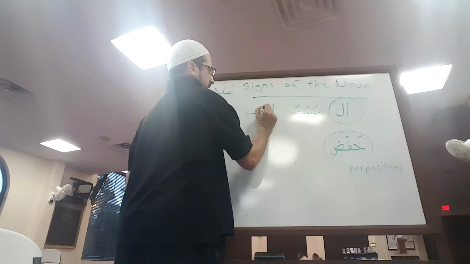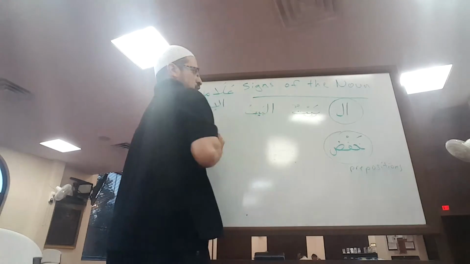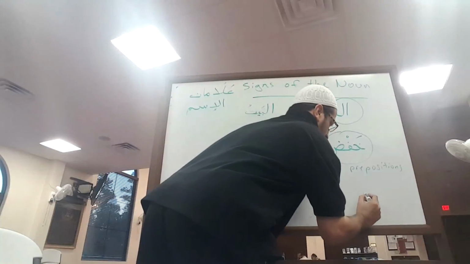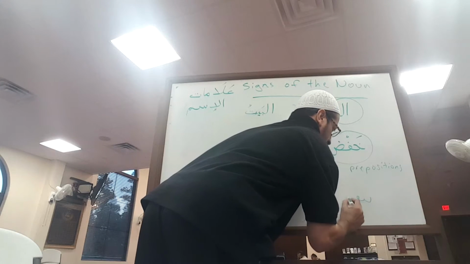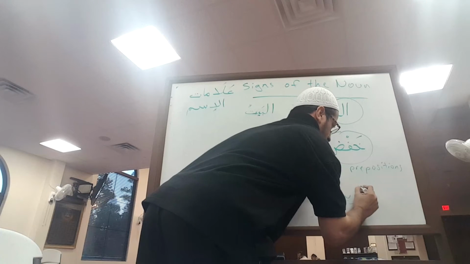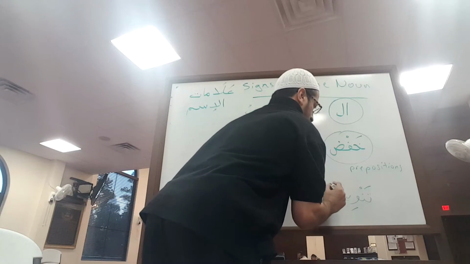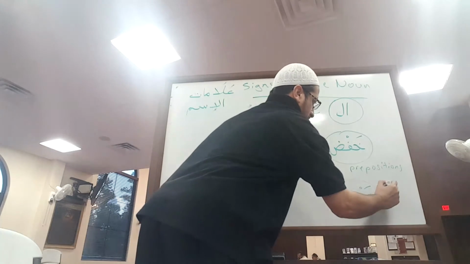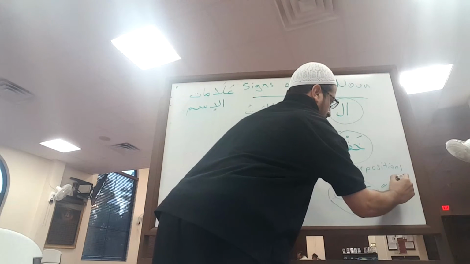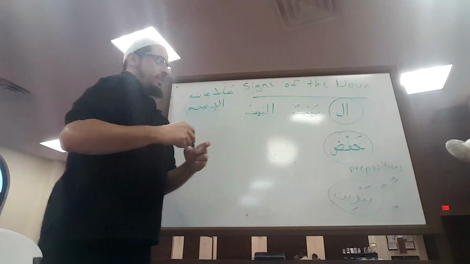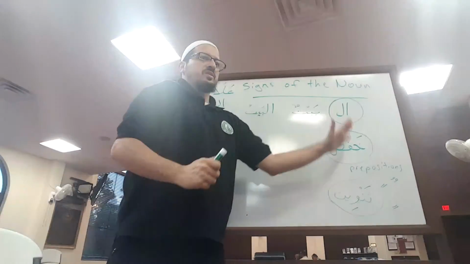When you add alif lam, al-baytu. And the last one is tanween. Okay? So tanween is double dhamma, double fatha, double kasra. That's tanween. So these are the three symbols that can enter the noun.